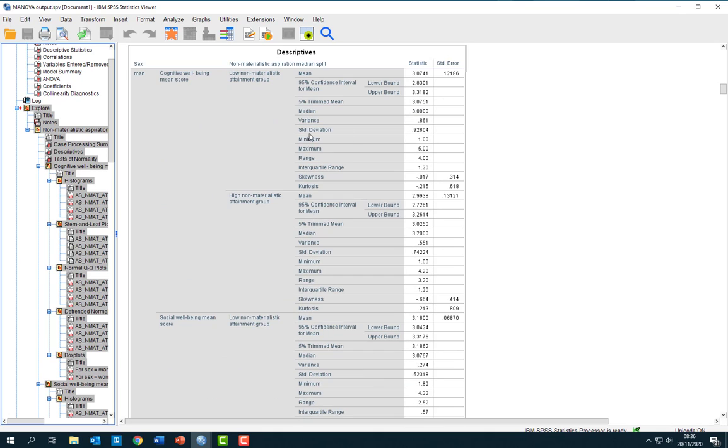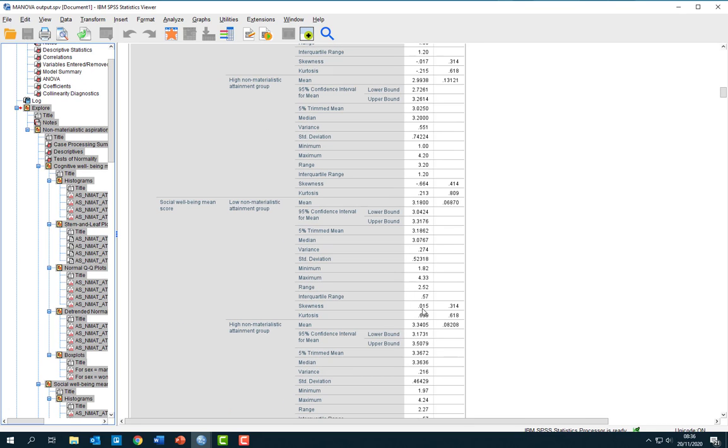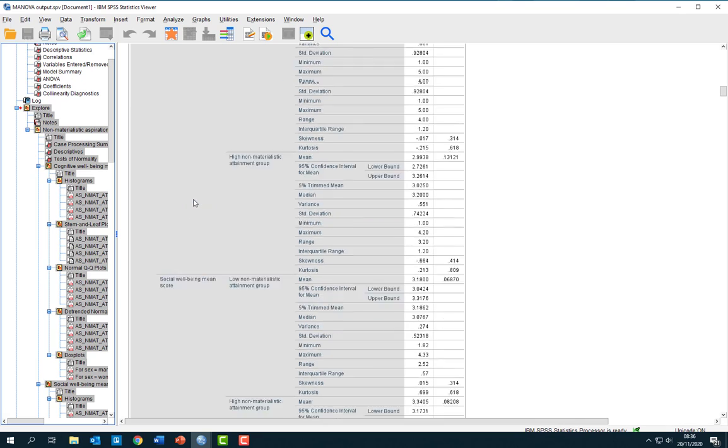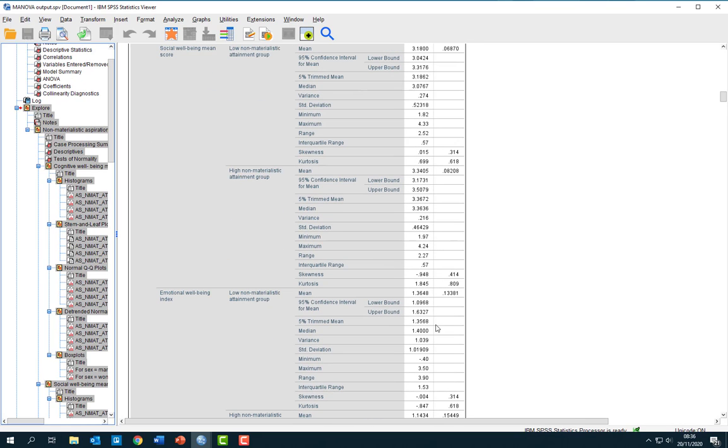So we do exactly as we have done with the ANOVA, and we would look at things like the means and the trimmed means to see how similar they are. We would look at the skew and kurtosis values and pay particular attention to them to see if we have any potential issues. And it would appear probably this group, the high non-materialistic attainment group, on the social well-being variable for males, for example, is outside those boundaries.